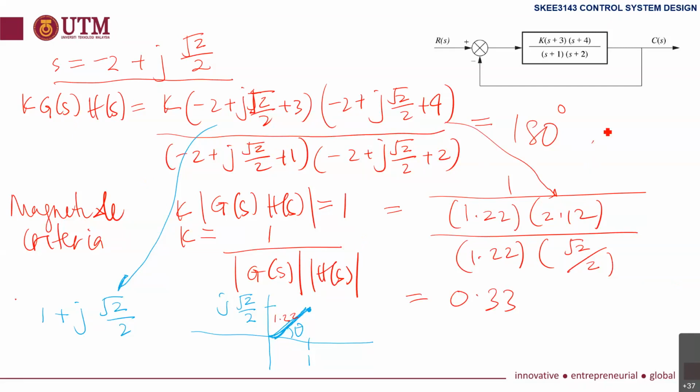First, the angle criteria, which is 180 degrees, and we can also find K. In fact, if the angle criteria is fulfilled, normally we will be able to get K. That means if the first one is fulfilled, then it's almost certain that it is a closed loop pole, but normally we will proceed to get the value of K that gives that pole.